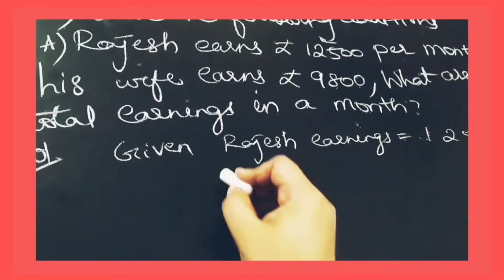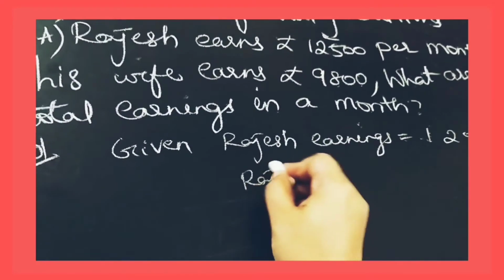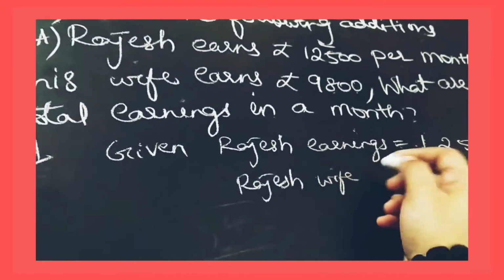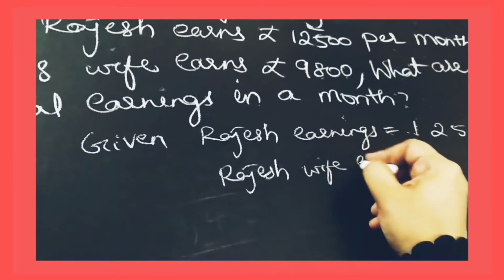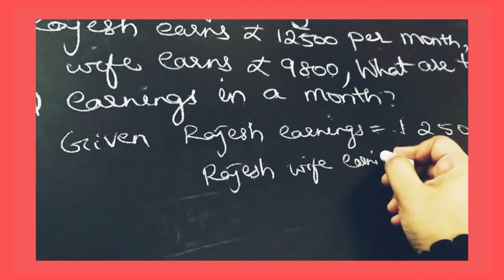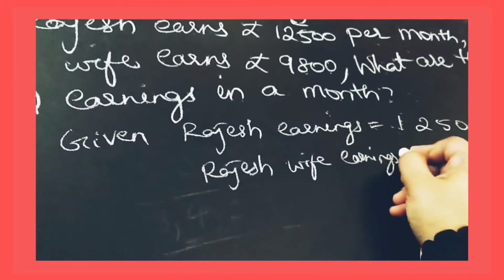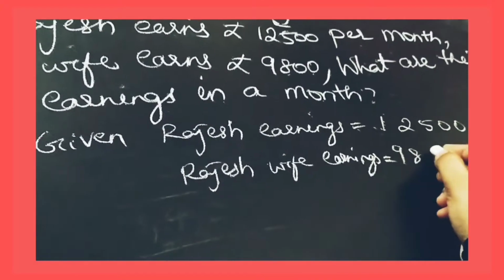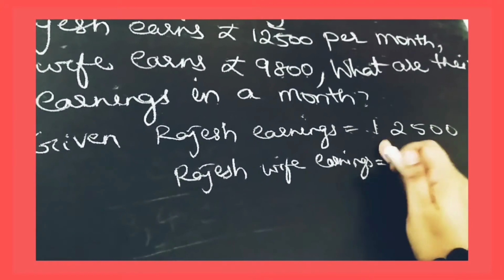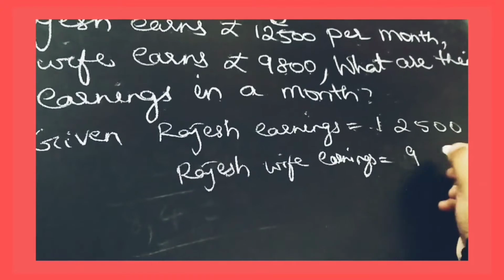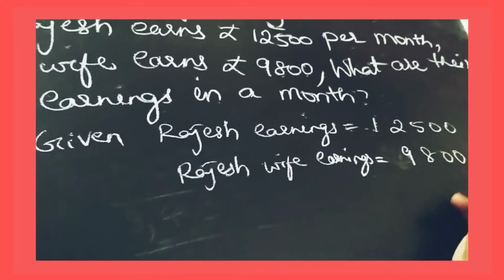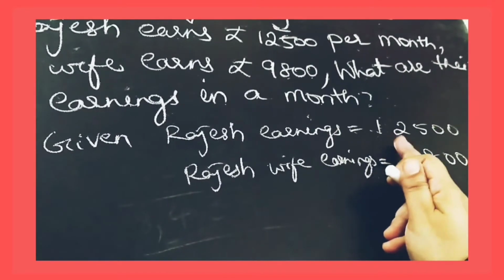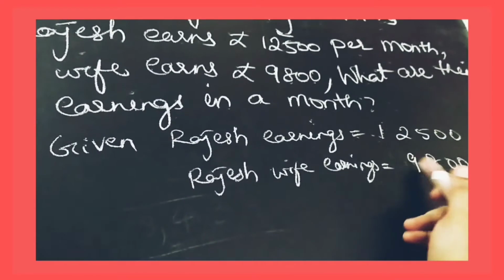Again Rajesh's wife's earning is 9,800. Okay, it is 9,800. So here you have to write 9,800. Here it is 12,500. It is 9,800, so you have to write like this.